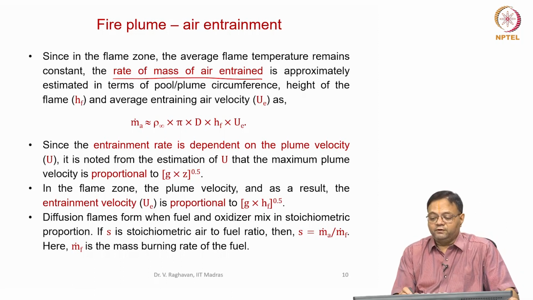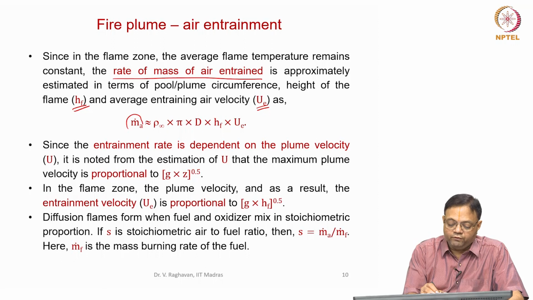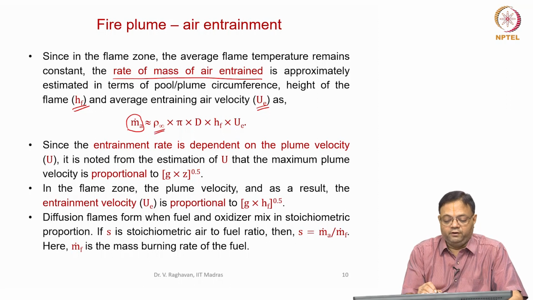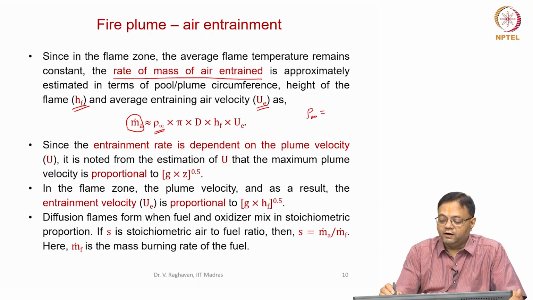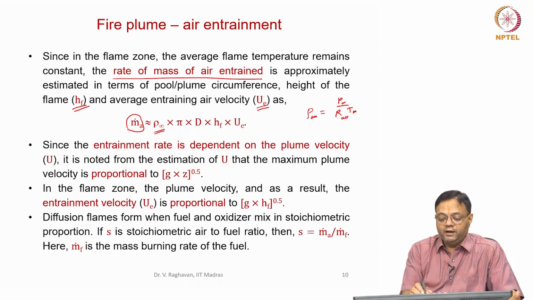So, this basically can be written in terms of the flame height, and the average entrainment velocity can be given. For example, the mass of air entrained can be written as rho infinity, because that is the density of the air based upon the T infinity. So, rho infinity can be calculated as, say, P infinity divided by R of air into T infinity. Now pi d HF, what is this?